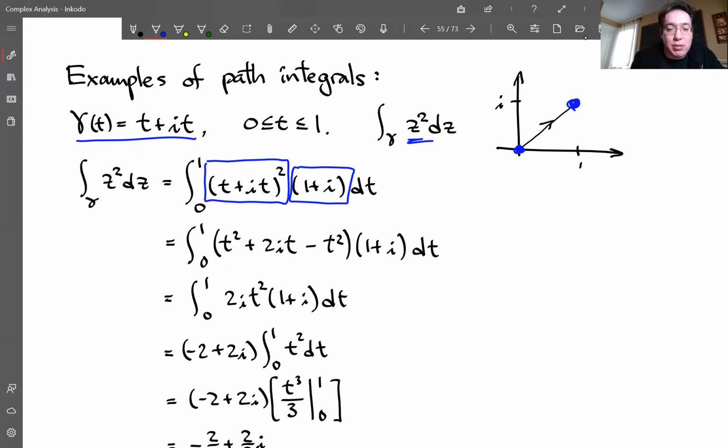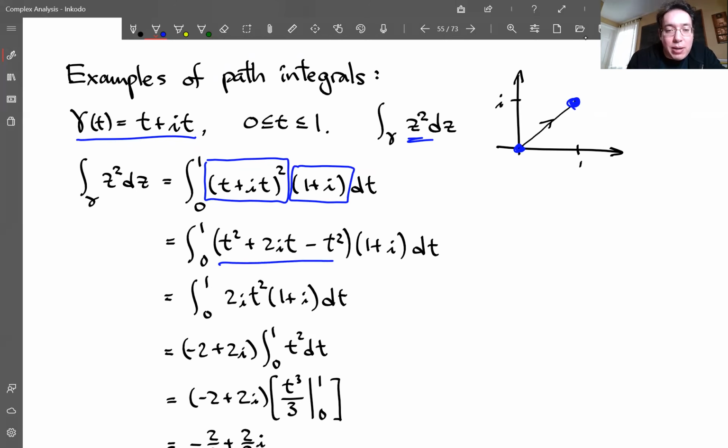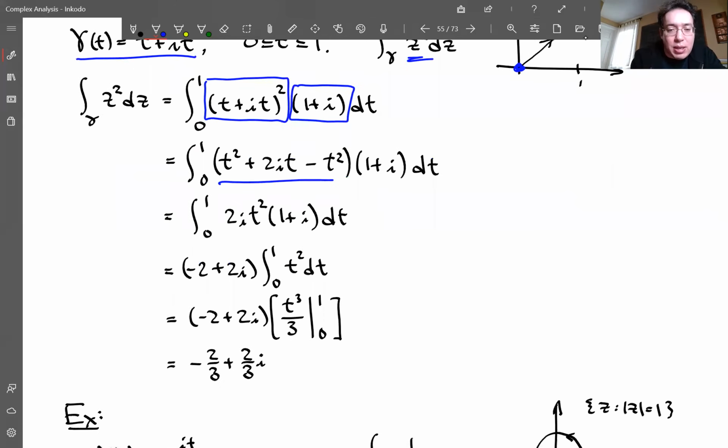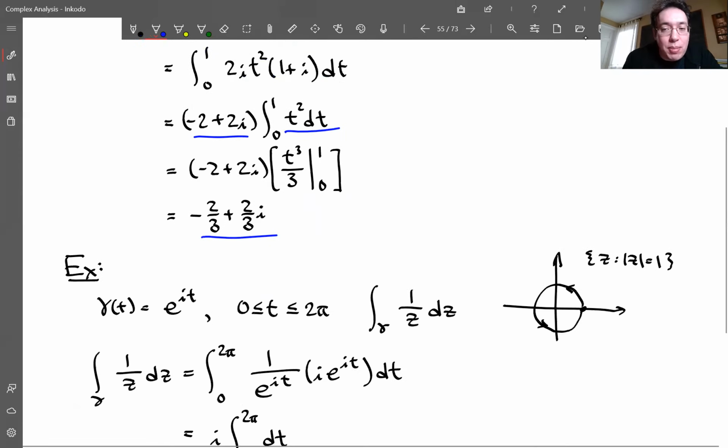And we can multiply it out, get the constants out in front of the integral. And now this is a Riemann integral. So we could just compute it, find the antiderivative, plug in the endpoints, and we're done. Okay.